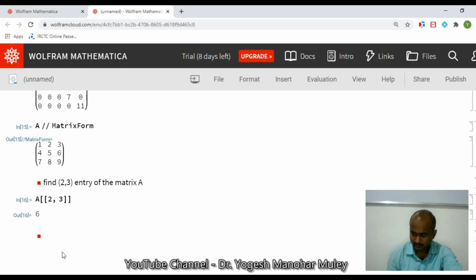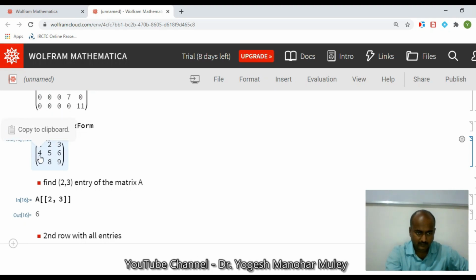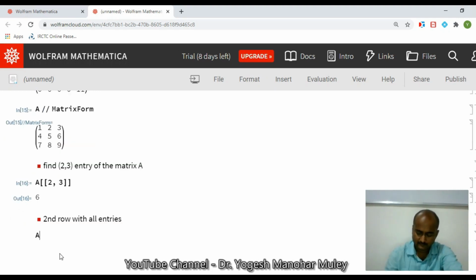Again, if we want to find the second row with all elements, for that we can use A and put 2.